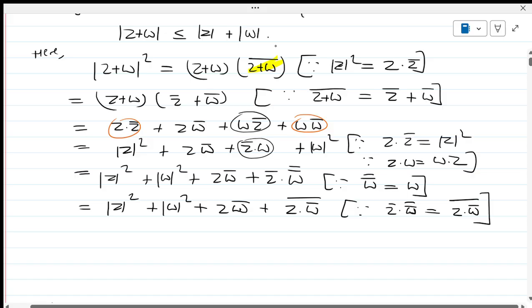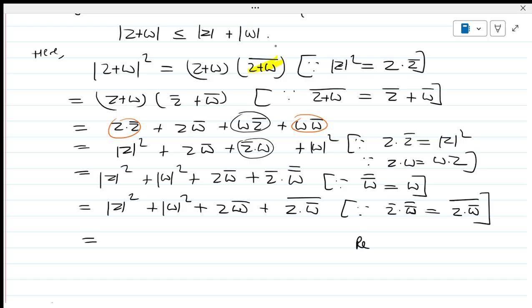And after doing this, right, now we have another property to use. The real part of z is half of the sum of z and the conjugate of z, right? So it gives us twice the real part of z is equal to z plus z conjugate.